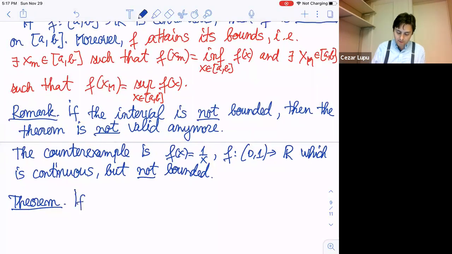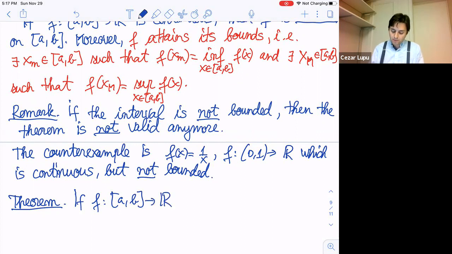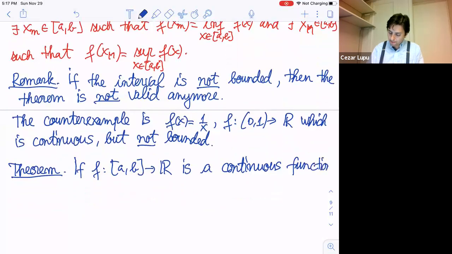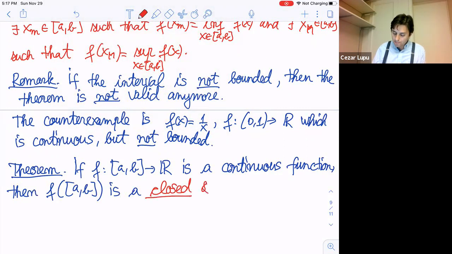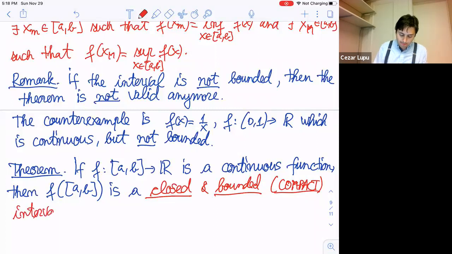Basically, this theorem says the following: if I have a function defined on a closed and bounded interval [a, b], real valued, if f is a continuous function, then, and it is very important here, f of this closed and bounded interval [a, b] is a closed and bounded, and therefore we can say compact, interval. This is very important to know.